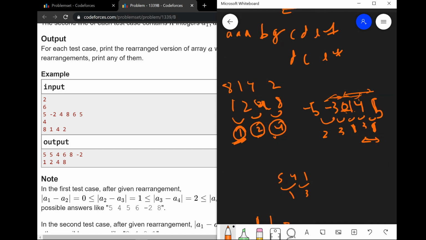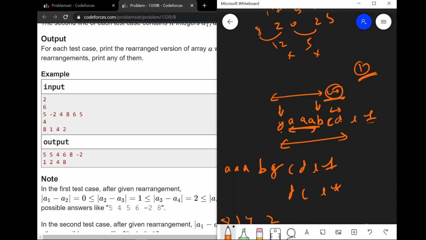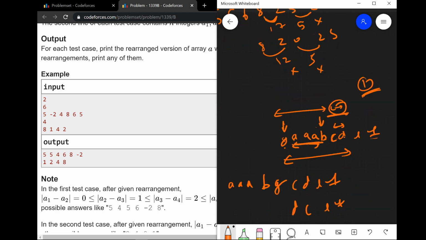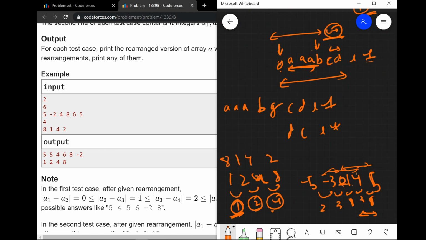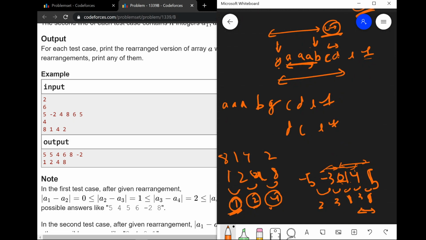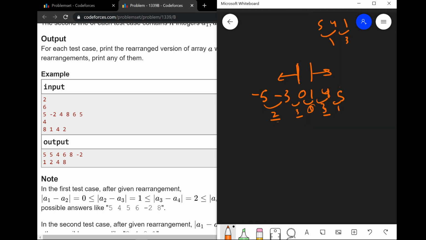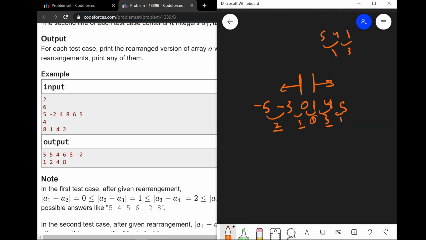Let's think again. Okay, so basically the same principle applies here also, but the only thing is from where we should start, that is not clear.